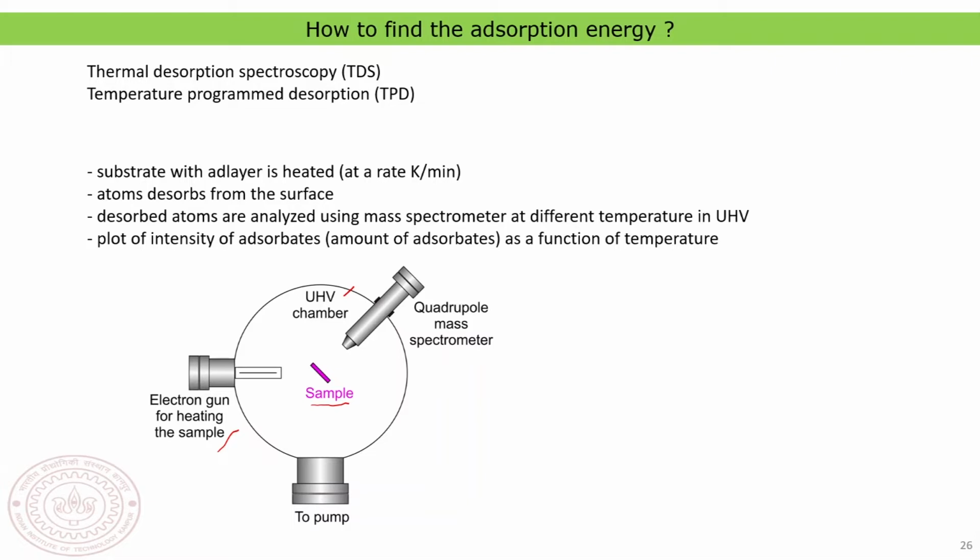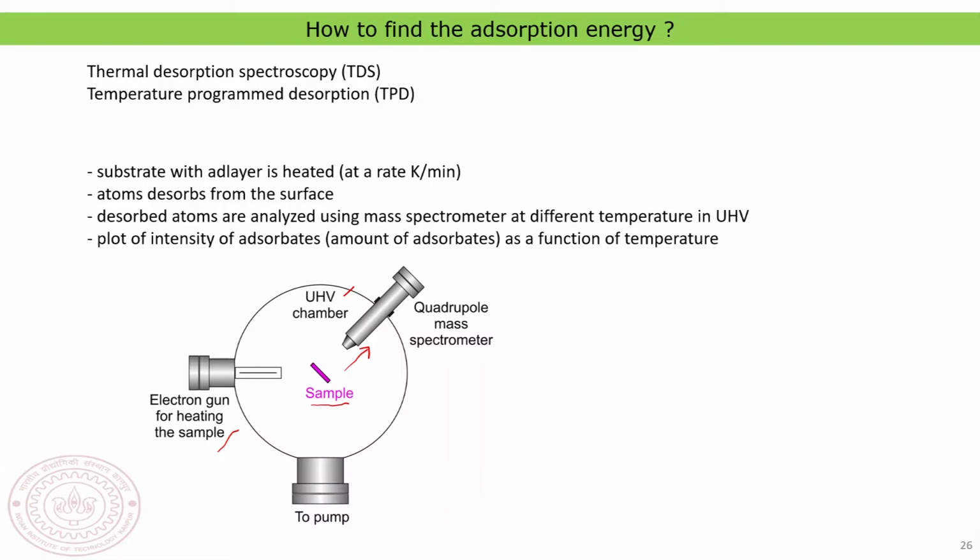But now assume that you have a particular atom coming out of the surface at a given temperature, and then you can detect that using the quadrupole mass spectrometer, which is placed opposite to the sample. The quadrupole mass spectrometer can be tuned to a given mass, and therefore we can detect a particular type of atom or molecule that is evaporating from the sample.